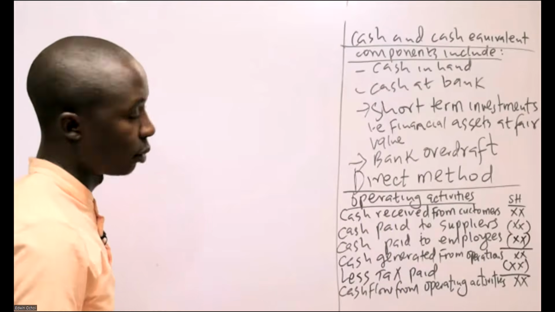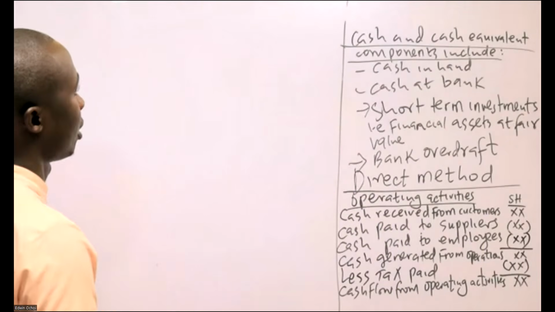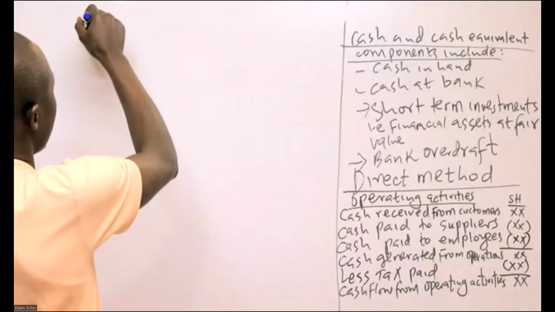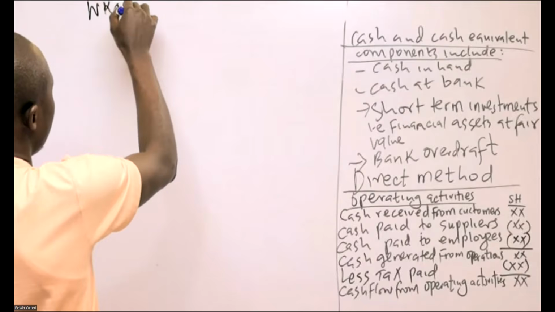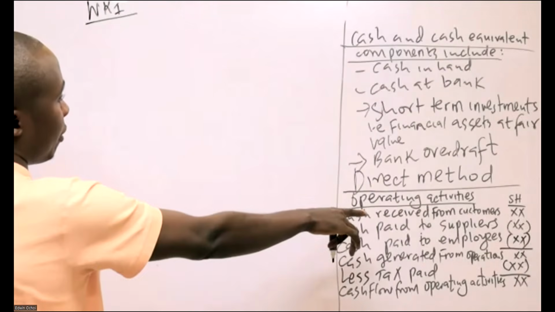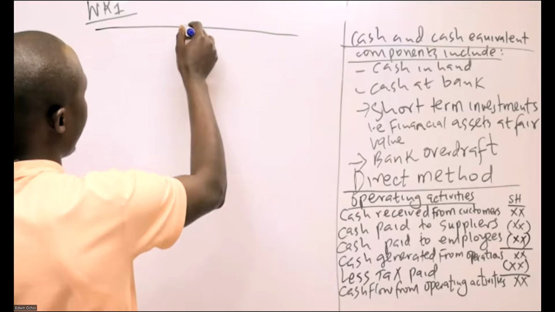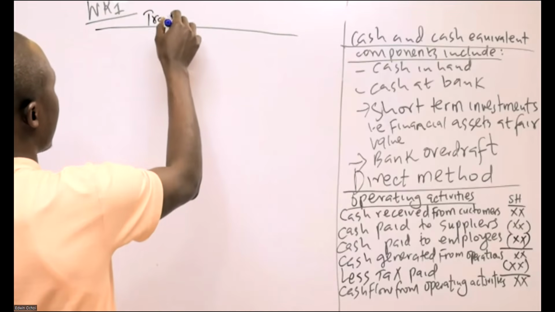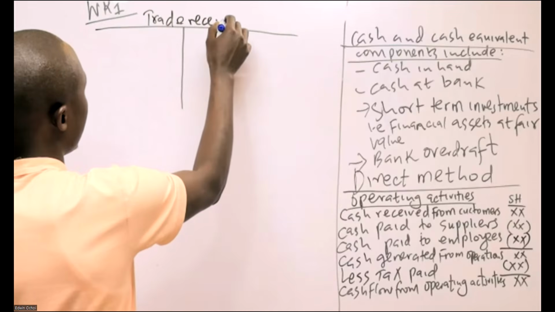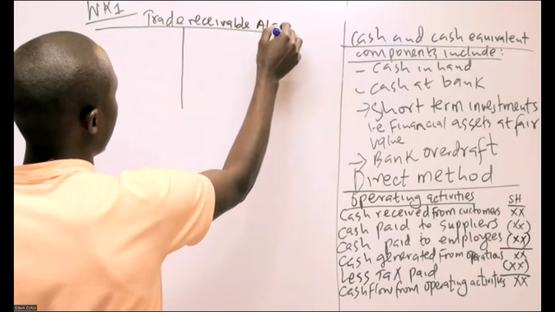Yes, so I can see that is good. You are saying trade receivables. So meaning that for you to get your cash received from customers, you always do your first working of preparing the trade receivables account.